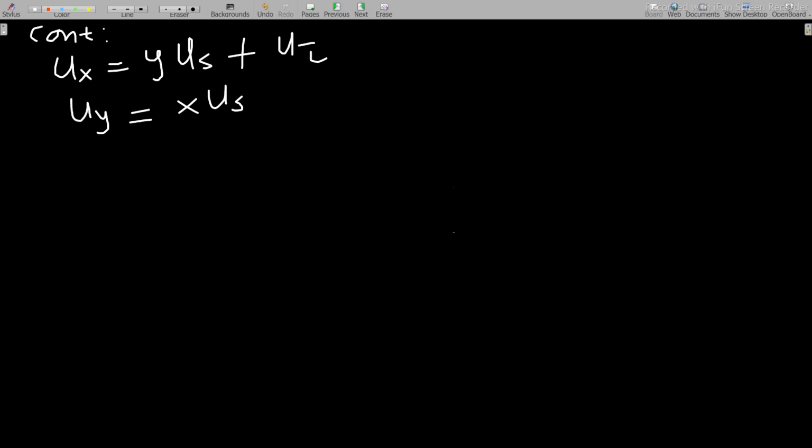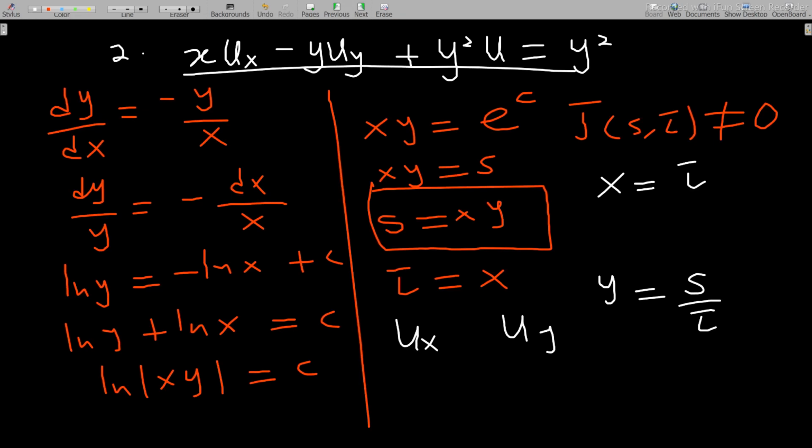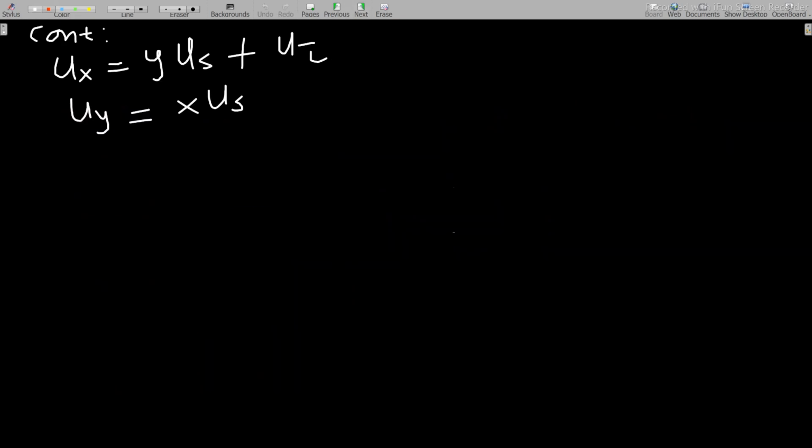So I come back, my differential equation or my PDE is actually this. Let me go and write it back. So I have x ux minus y uy plus y squared u equals y squared.